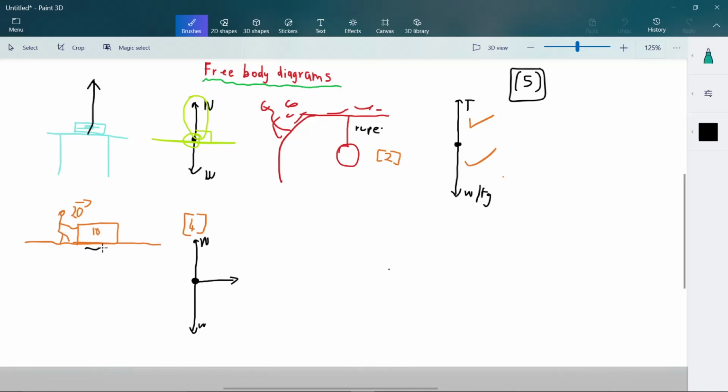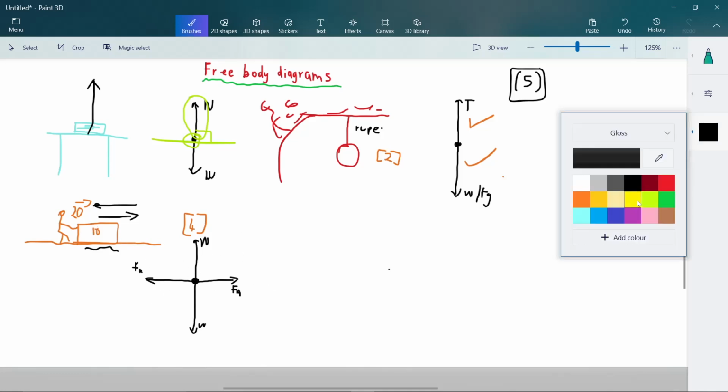This is the force applied by Johannes. And because this is a rough surface, there is a friction force that opposes the motion of the crate. Let's say the crate is moving that way, the frictional force will be moving that way. So this is the frictional force, the kinetic friction, and that's pretty much the free body diagram of this crate.